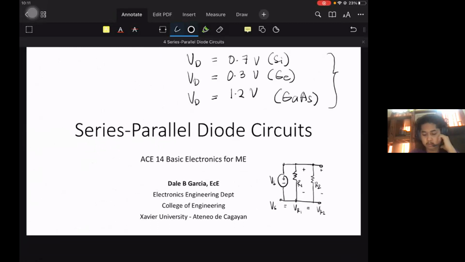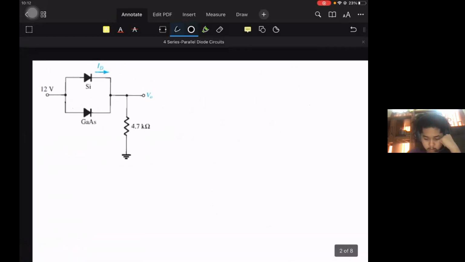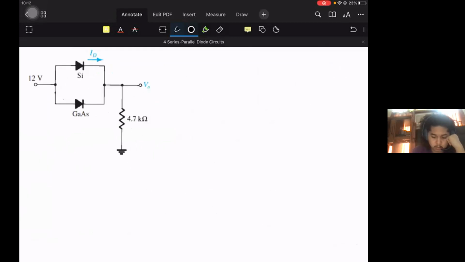So let's try to solve some examples. First off, this one. Right off the bat, there are two diodes of different materials. One is made of silicon, the other made of germanium.